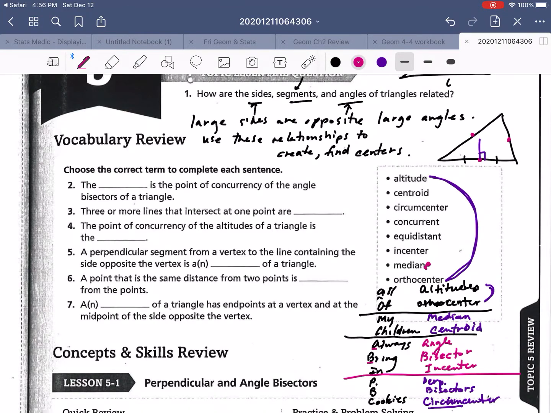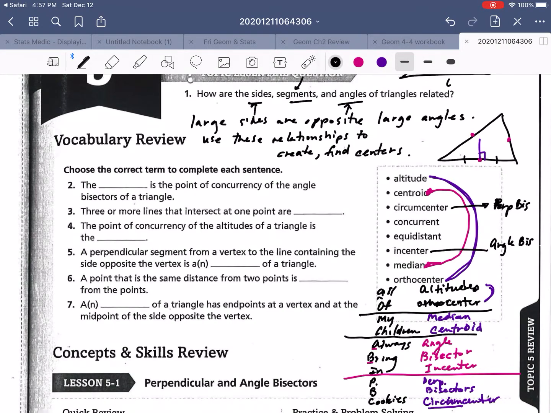Medians make centroids. Perpendicular bisectors make circumcenters. Angle bisectors make incenters. They don't really talk about this, but those are made by perpendicular bisectors, and these are made by angle bisectors.